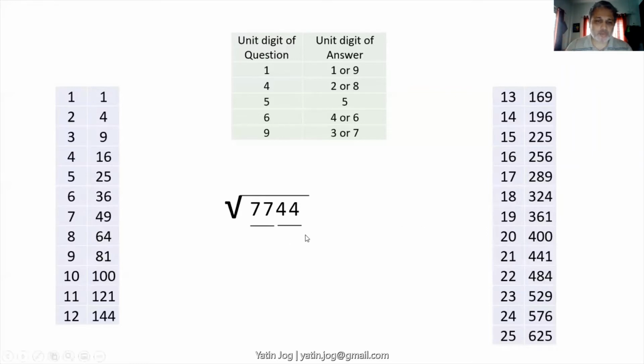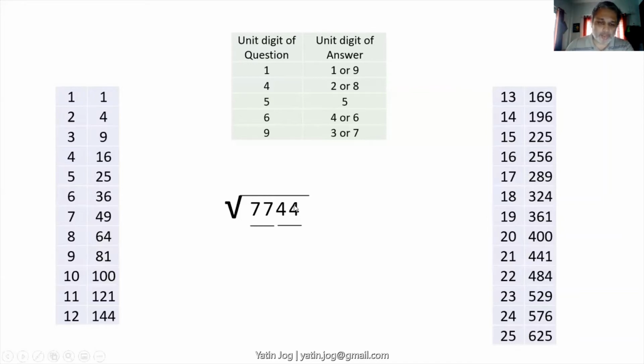The unit place of the number is this 4. Starting from the right-hand side, go towards the left and make a group of 2 digits, and then make a group of the remaining digits. The first group of 2 digits is 44, and the group of remaining digits, in this case only 2 digits left, is 77.